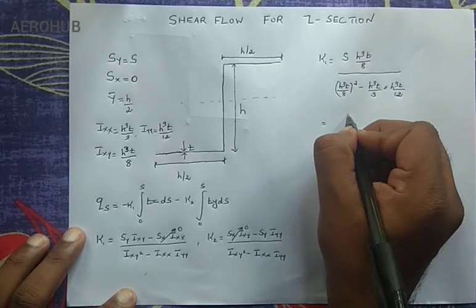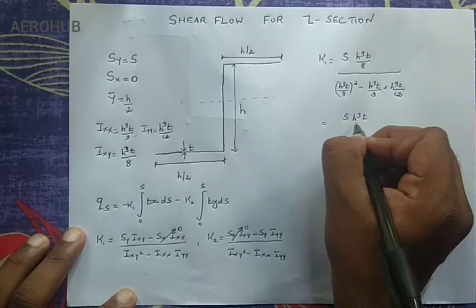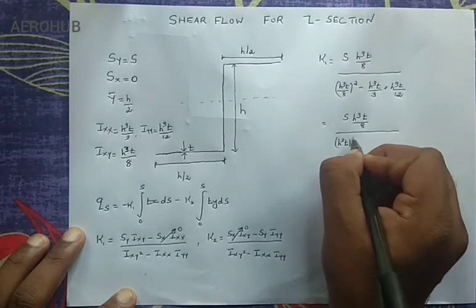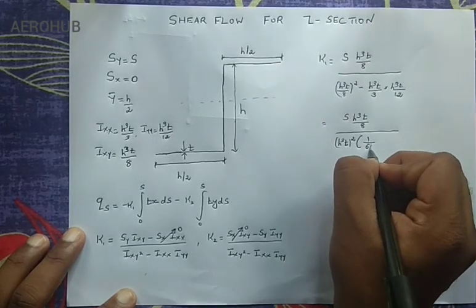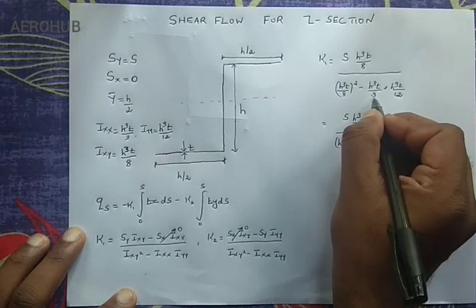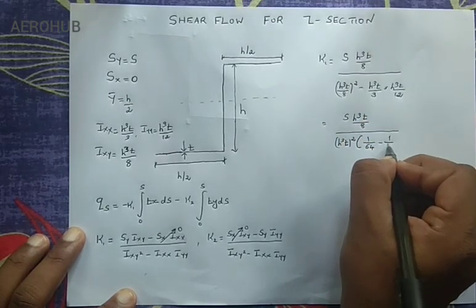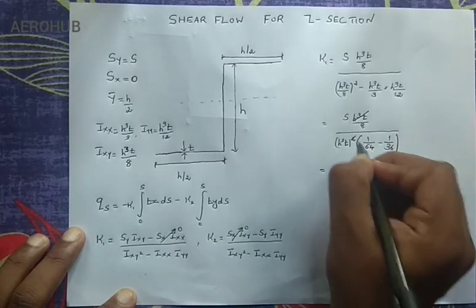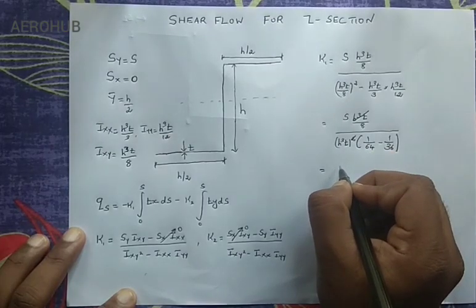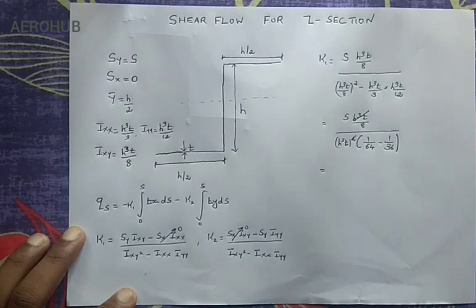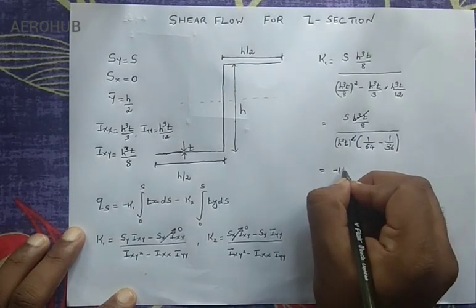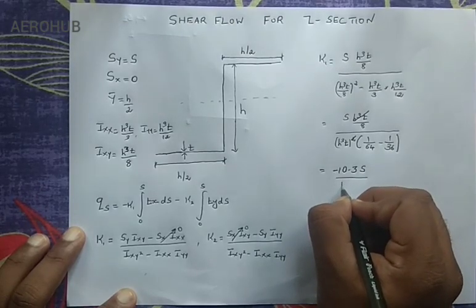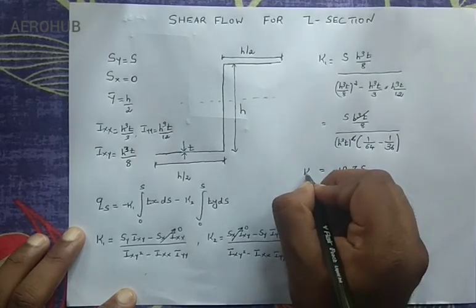Taking h cube t the whole square outside, this becomes 1 by 64 minus 1 by 36. Cancelling one h cube t and simplifying, I get K1 equal to minus 10.3 S divided by h cube t.